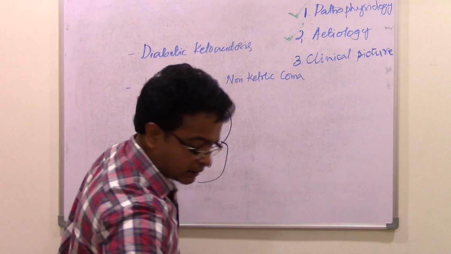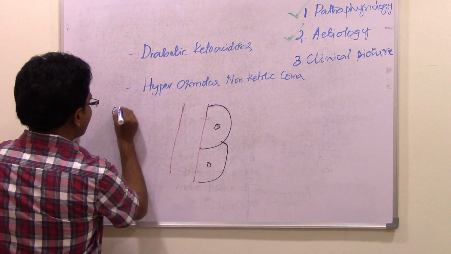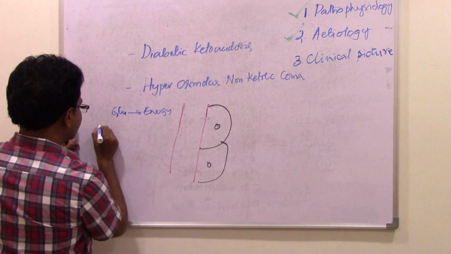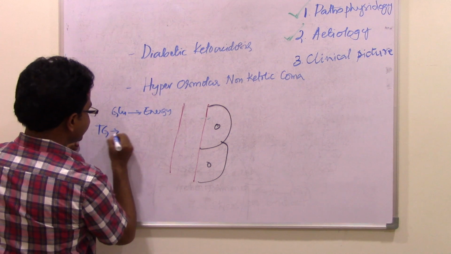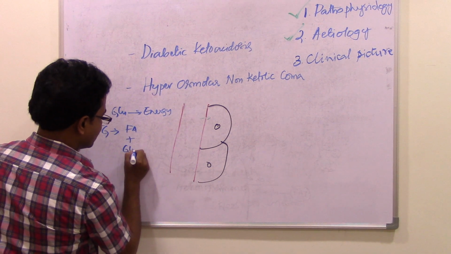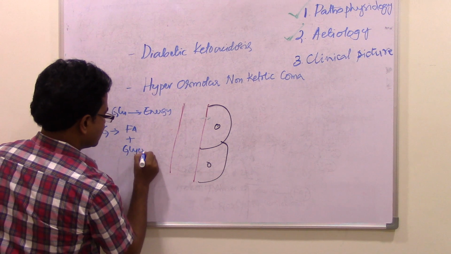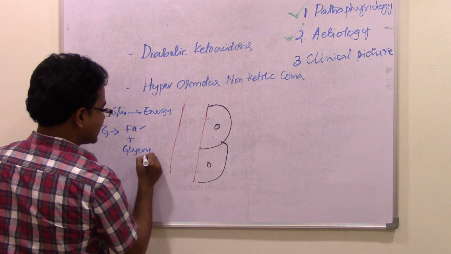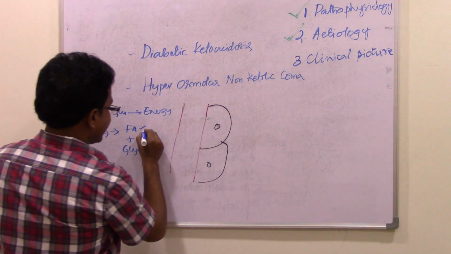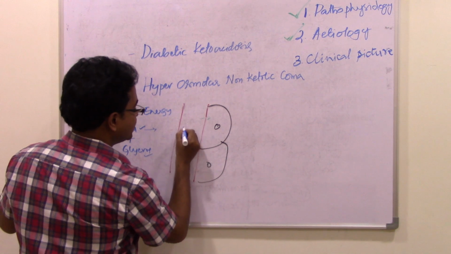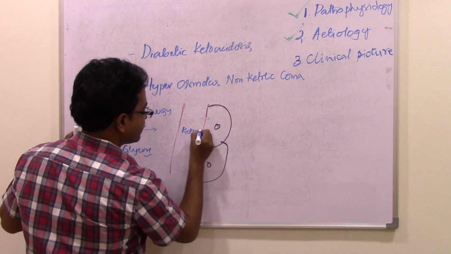So when the glucose is not giving energy, the body's alternative fuel is triglyceride. Triglyceride is what? Fatty acid plus glycerol. So the triglycerides break down into fatty acids and glycerol. These fatty acids further break down by oxidation and lead to what? Ketone bodies.